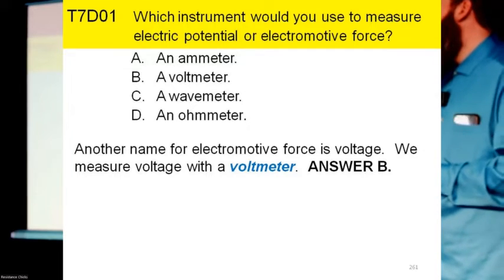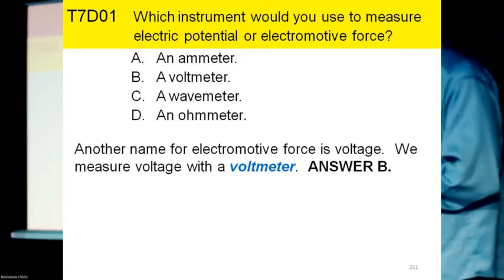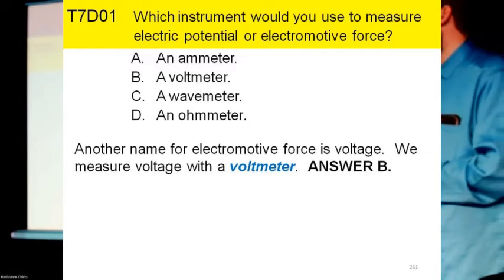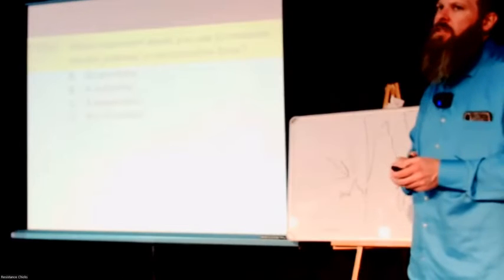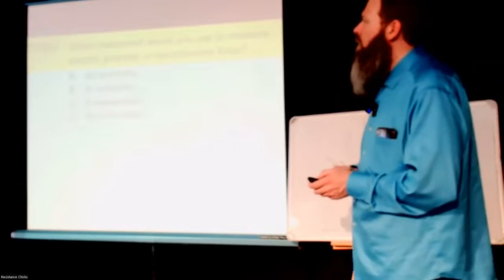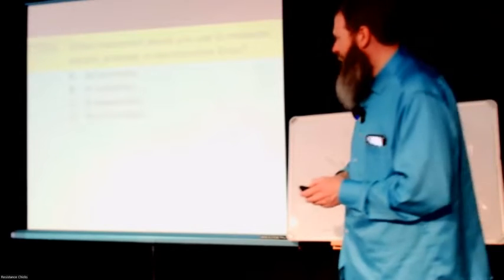Which instrument would you use to measure electrical potential or electromotive force? So if we're measuring voltage and the unit of a volt. I want to get that one in. Go ahead. Voltmeter.